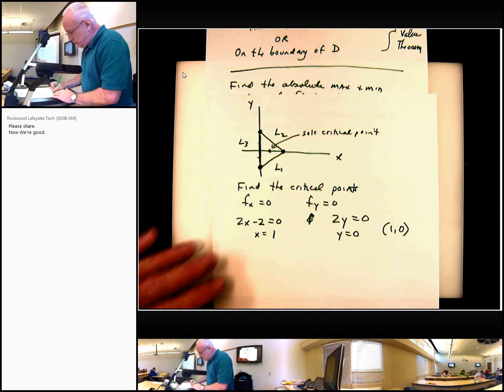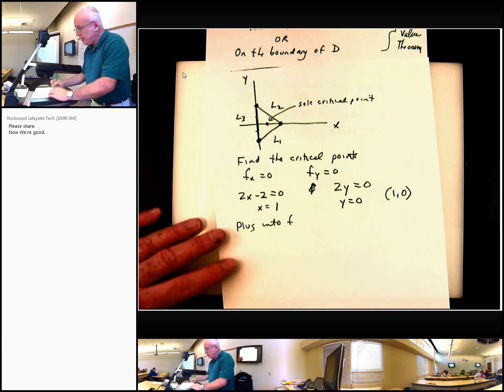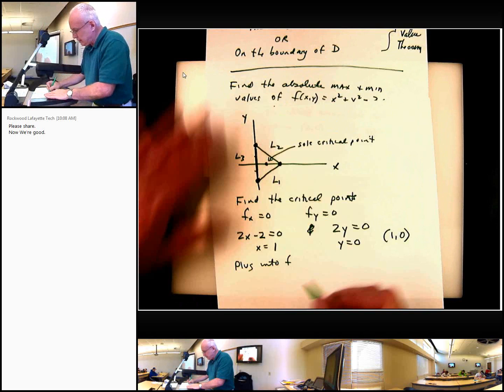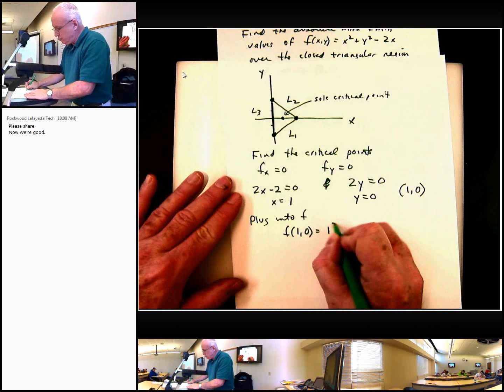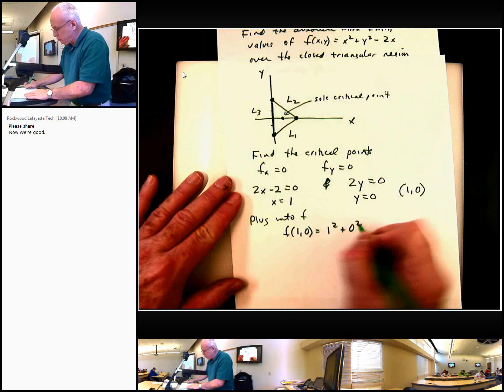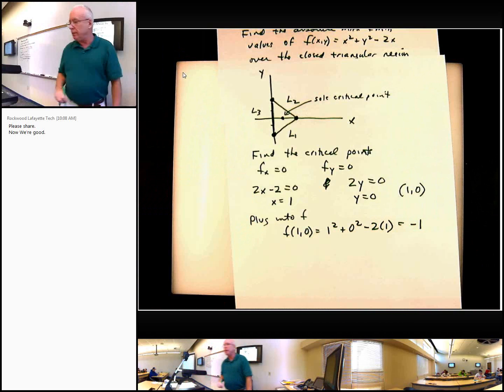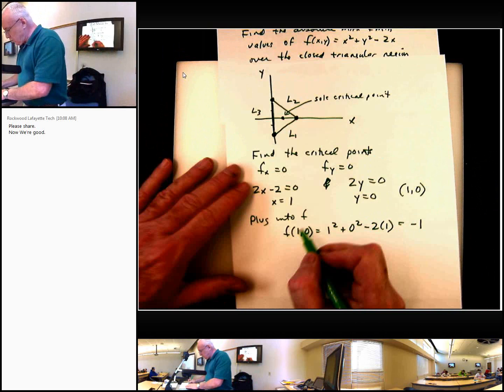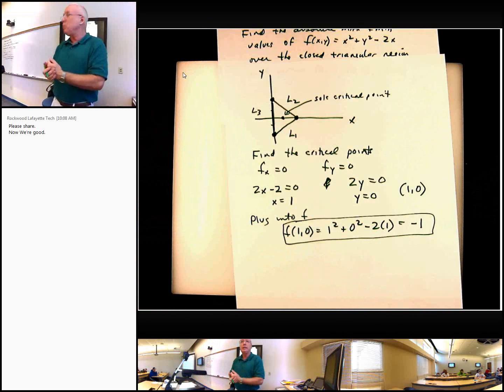So f of (1, 0) is 1 squared plus 0 squared minus 2 times 1, and that gives us a value of negative 1. We're going to look at that again when we compare.